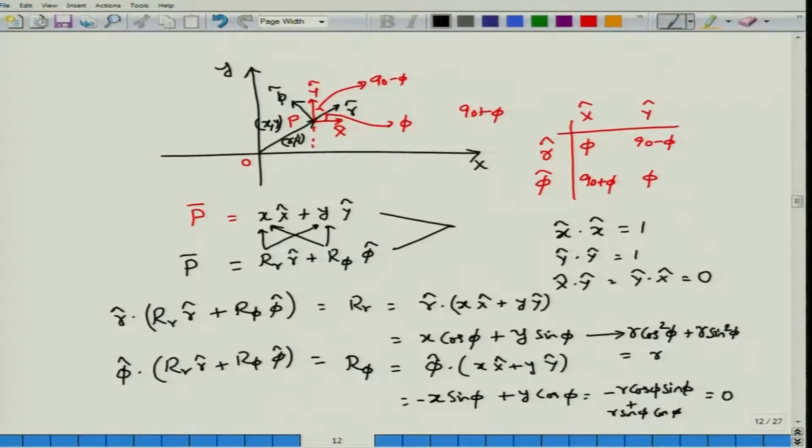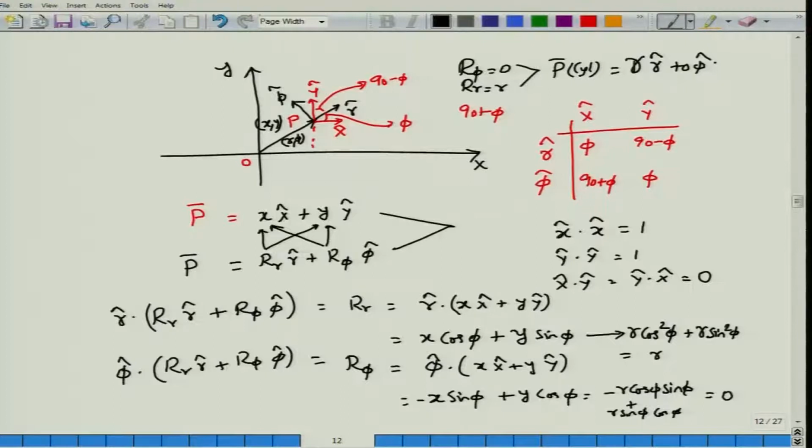Okay. In this case, what we have just found out is that the corresponding component r phi will be equal to 0, while only r will be equal to r. So the correct position vector for point P in cylindrical coordinate system is given by r r hat. There is no phi hat component over here.